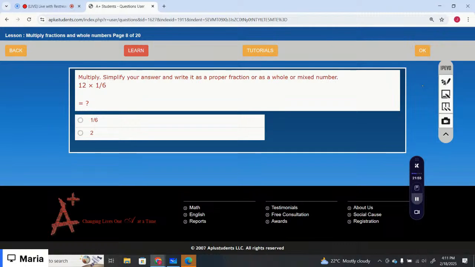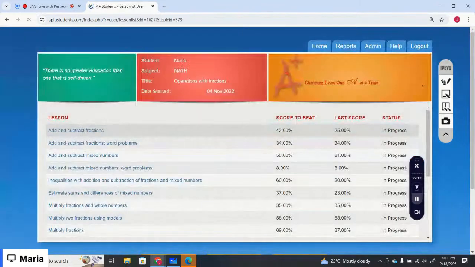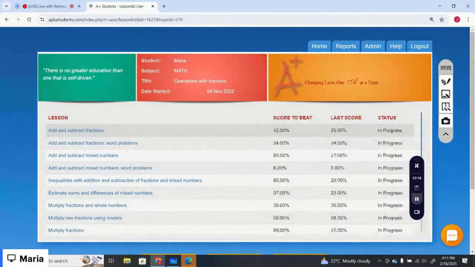Okay, you can complete the lesson by yourself later today. Let me just move on to the next lesson. Multiply two fractions using models.